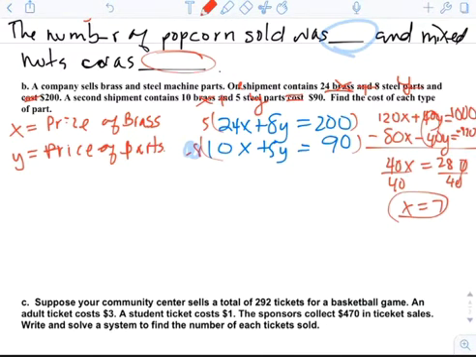So the price of brass is $7 each. Find the cost of each type of part. You see? I didn't read the end. So X and Y are the prices, the cost.